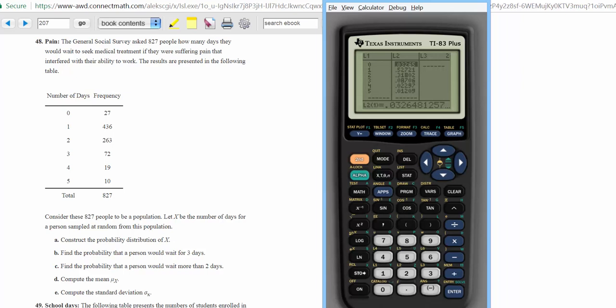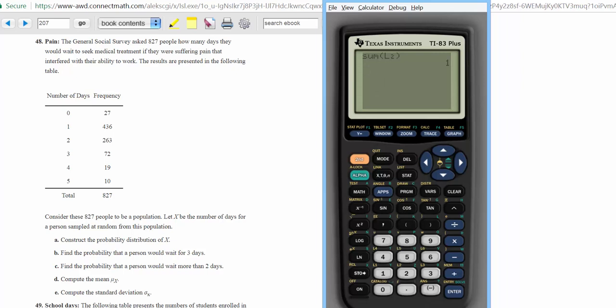They're all numbers between 0 and 1. You can always check if they add up to 1 if you go to second stat, scroll to math, press 5, which is your summation, and we're going to sum all numbers in L2, and it's 1. It's exactly what I want.